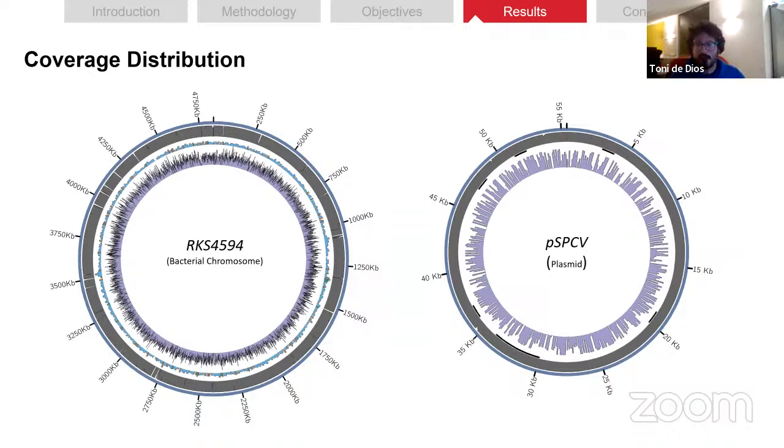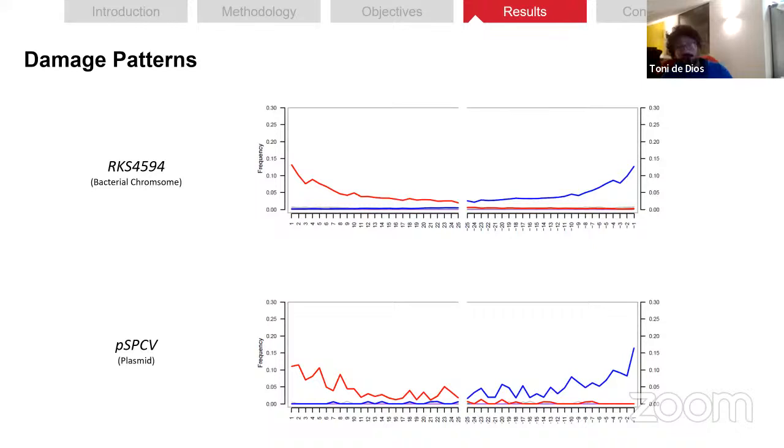If it was not Salmonella enterica, we would see, for example, that the reads are only mapping in this region, and all the rest of the genome is basically empty. We also checked the deamination patterns to prove that it is not a laboratory artifact, that somebody was not sequencing Salmonella in the same laboratory. We see that those reads are truly ancient because they present deamination patterns at the ends of the reads.